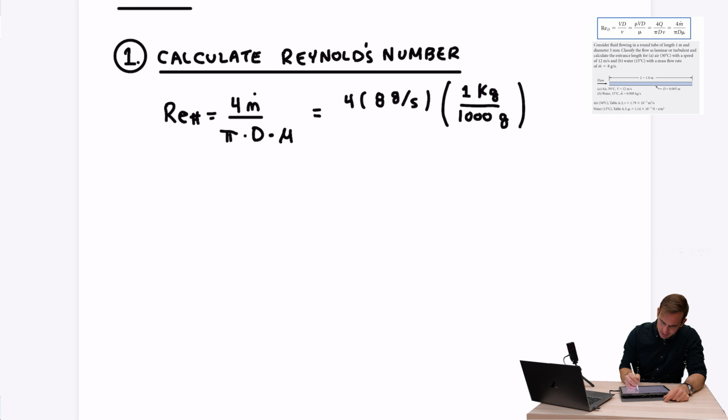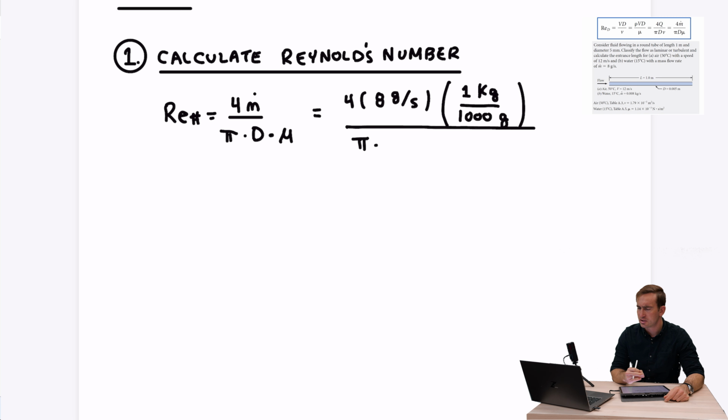Then what we do is we're going to divide that by pi times the diameter, which is, in this case, the same as before, 5 millimeters, so times 0.005 meters, times the viscosity value for water, which we were given at 15 degrees Celsius, which is 1.14 times 10 to the negative third newtons times seconds per meter squared.